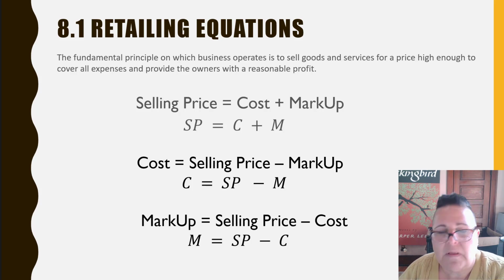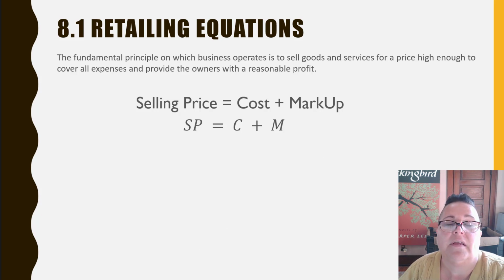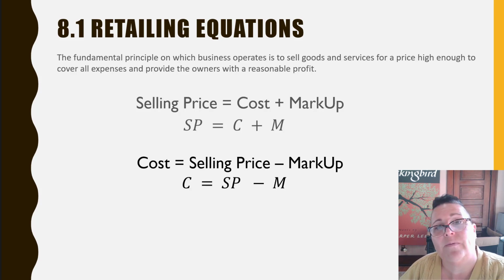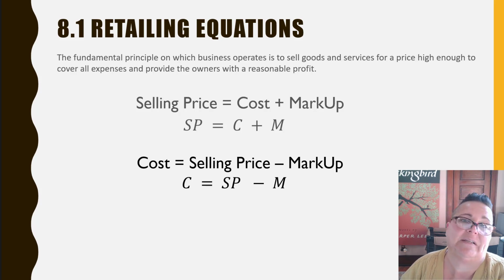Now, some of you will prefer all of these formulas to be separate. I just see them all as a function of the first one. If I'm looking at selling price is equal to cost plus markup, and I want to find the cost, I will simply subtract the markup from the selling price. This gives me the formula, cost is equal to selling price minus markup.